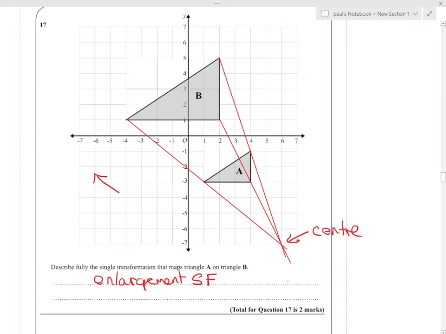So, a scale factor of something, and the centre is the coordinate of this, which is 6, minus 7. Now, what's the scale factor? Well, let's count the squares. 1, 2, 3. 1, 2, 3. A corresponding side. 4, 5, 6. So that's twice as big. So scale factor of 2, centre 6, minus 7.